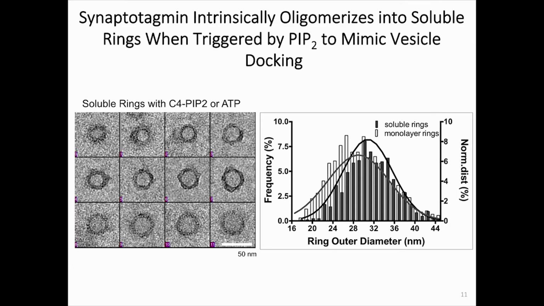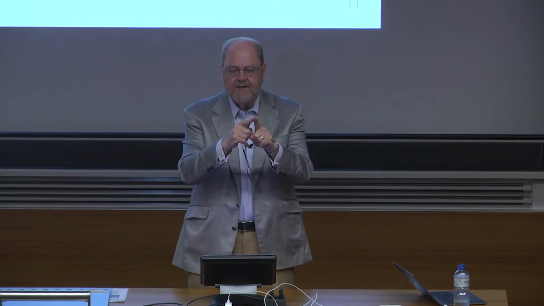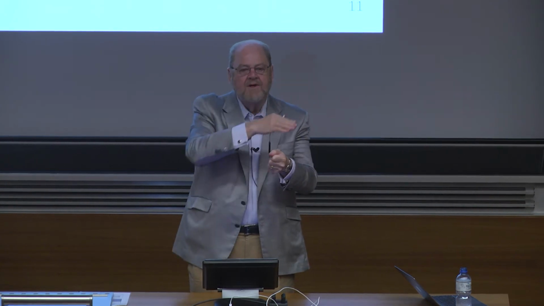These rings are soluble. The PIP2 that we use in this case is a short chain phospholipid whose critical micelle concentration is above 1 millimolar. We use it at low micromolar concentrations. So these are individual PIP2 molecules. And when a PIP2 molecule binds to a polybasic region, it triggers, apparently, a rigidification of the structure that enables the synaptotagmin to form into a ring.